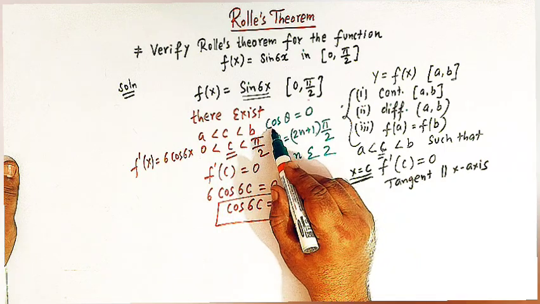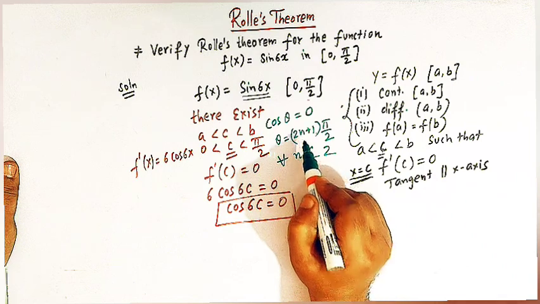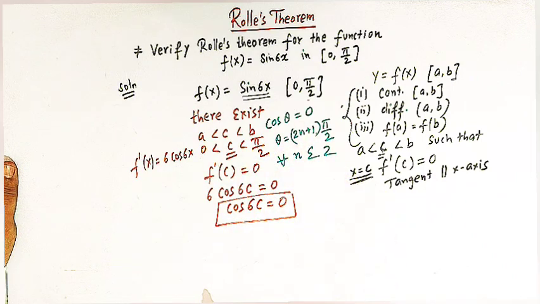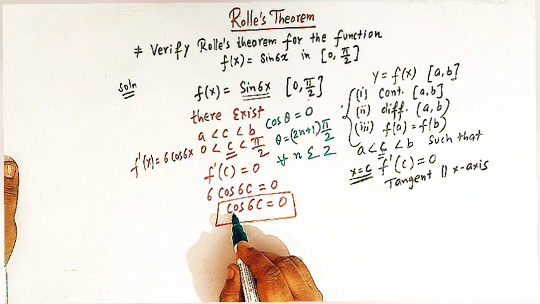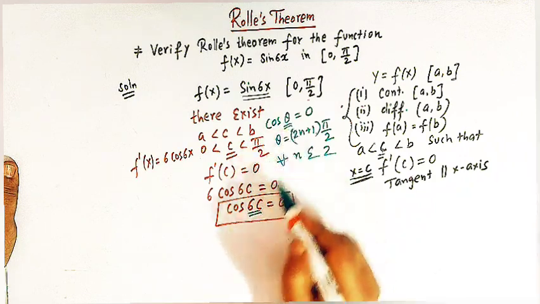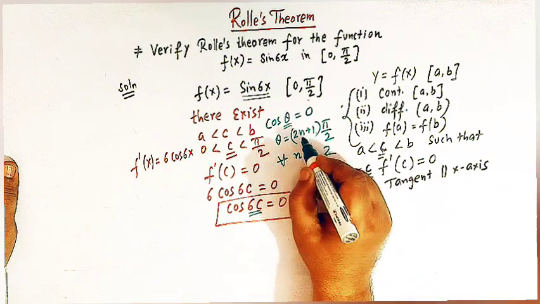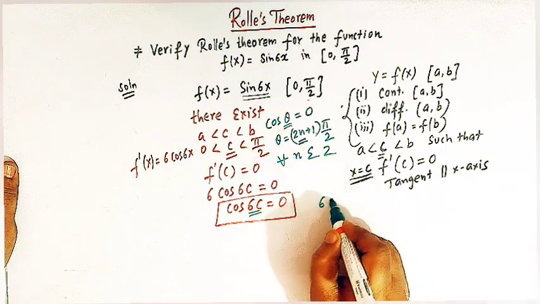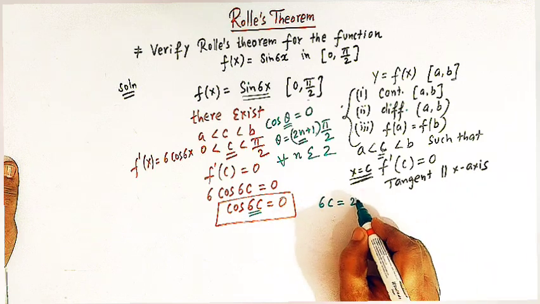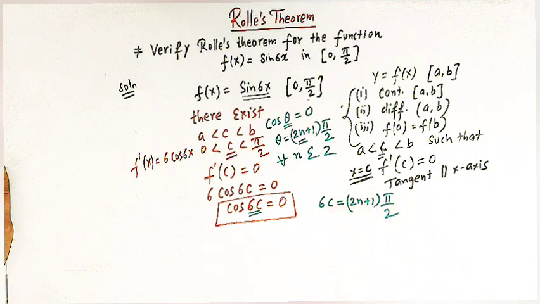So whenever cosine theta is equal to 0, then theta must be an odd multiple of pi by 2, right? So here we have cos of 6c is equal to 0, so our theta is 6c. So we have from this expression 6c must be equal to (2n plus 1) pi by 2, right?